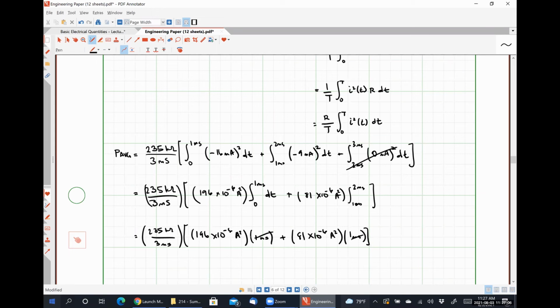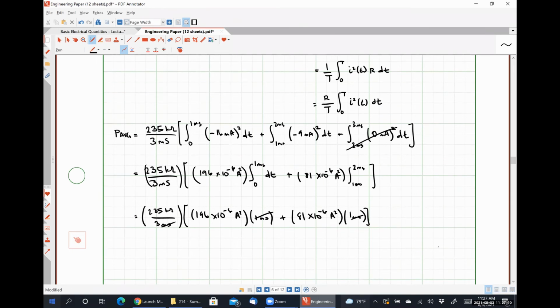So this cancels out those units, and I have kiloohms times amps squared, which should be watts, right? So it's going to be 235 times 10 to the 3 over 3 times 196 times 10 to the minus 6 plus 81 times 10 to the minus 6.